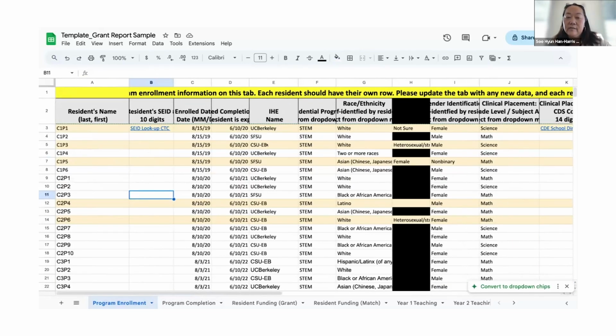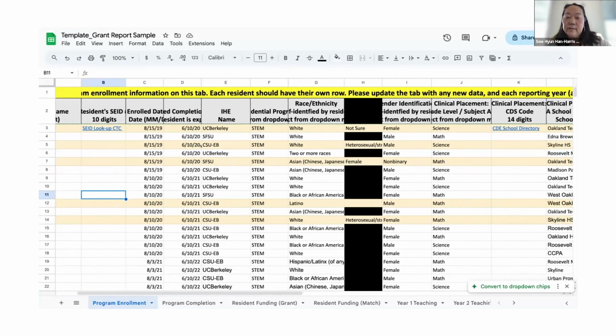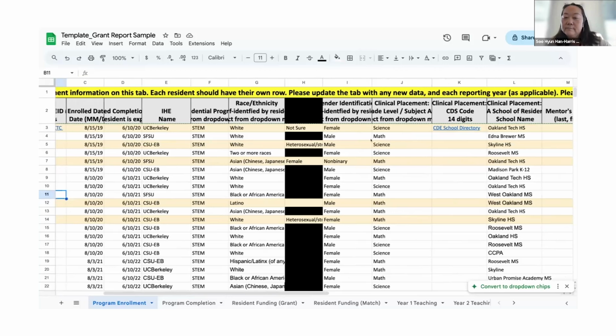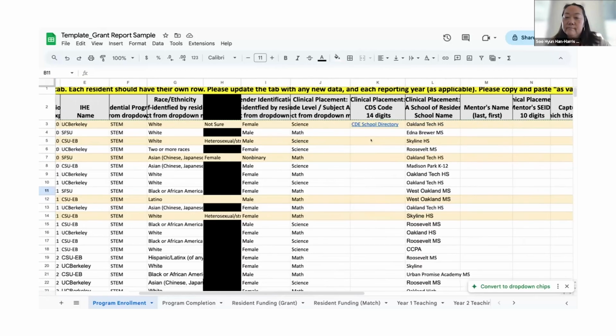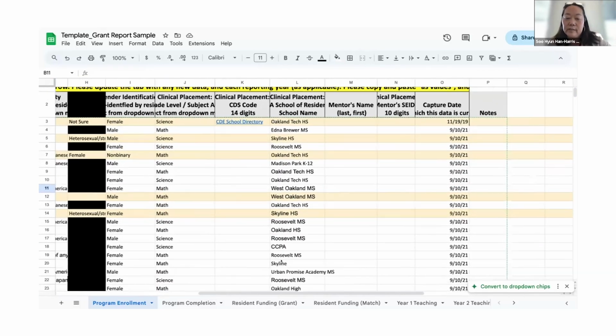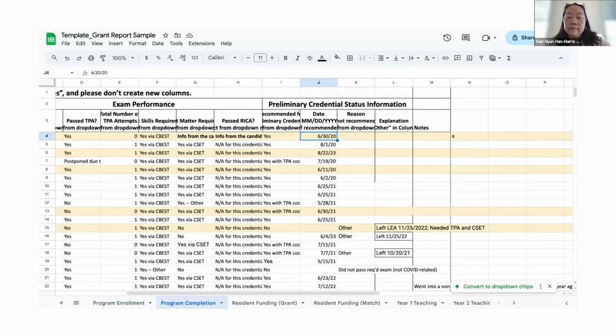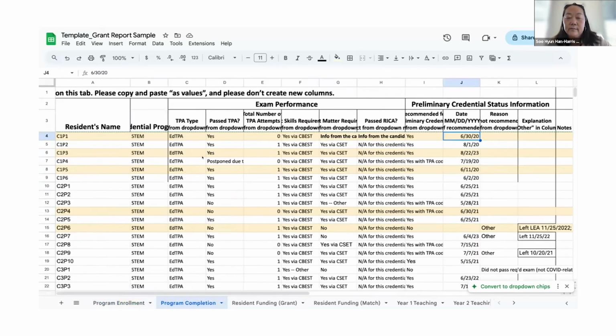I have all of their information here, and normally, of course, all of these columns would be filled in with the seed numbers, etc. So they were enrolled, and I have all of that information here. And then in terms of program completion, they passed the TPA.